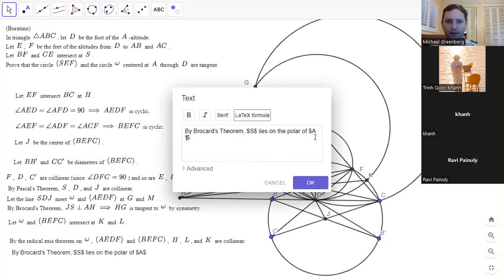So that means that H, L, S, and K are collinear.